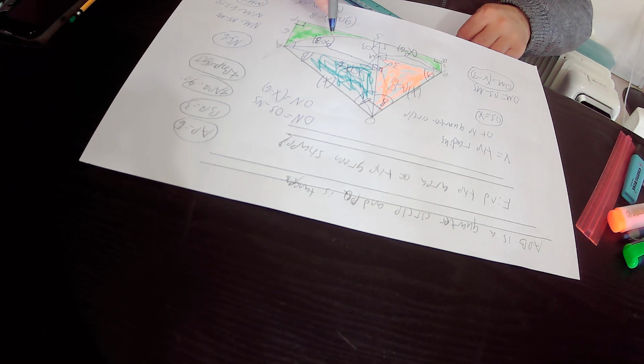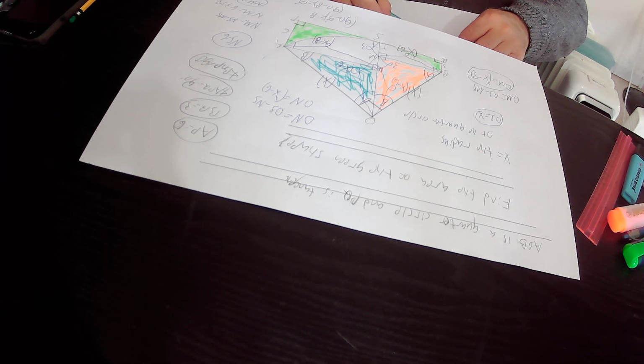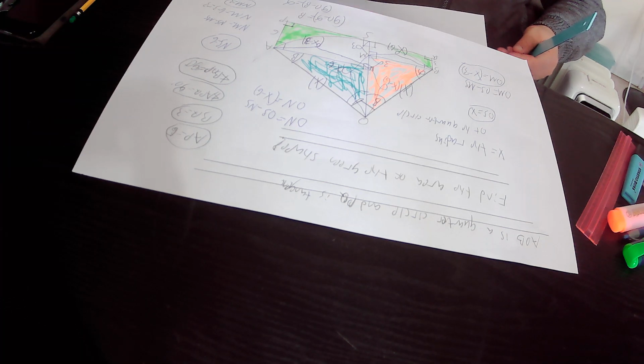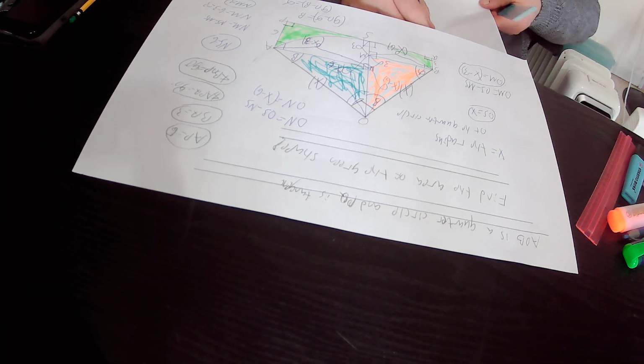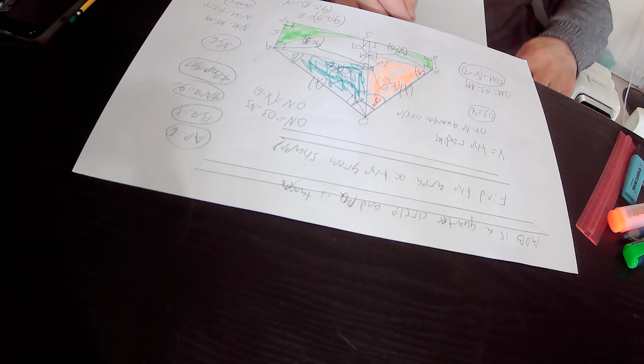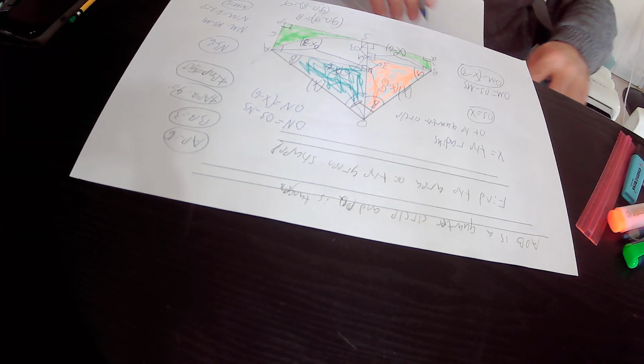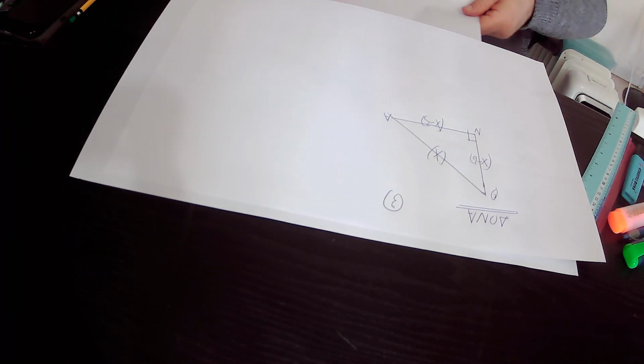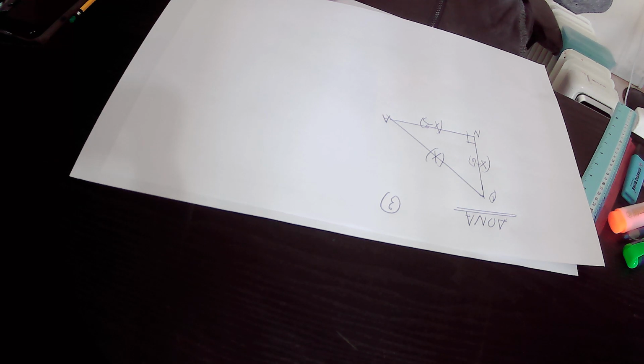So AN equals X minus 3. And we already found out that ON equals X minus 6. OA is the radius of the quarter circle, that is equal to X. So this is the right blue triangle ONA that I copied from the original drawing.